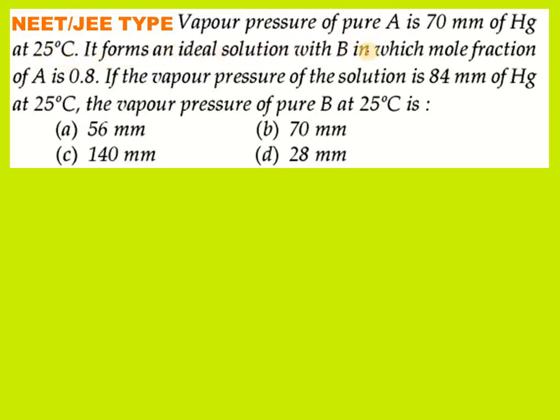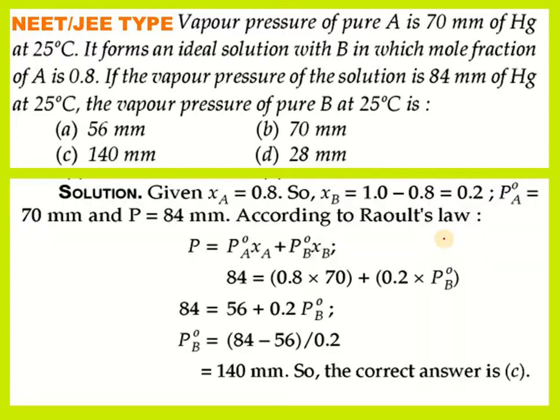It forms an ideal solution with B in which the mole fraction of A is 0.8. If the vapor pressure of the solution is 84 mm of Hg at 25 degrees Celsius, the vapor pressure of pure B is how much? According to Raoult's law, the total vapor pressure is equal to P0A XA plus P0B XB.